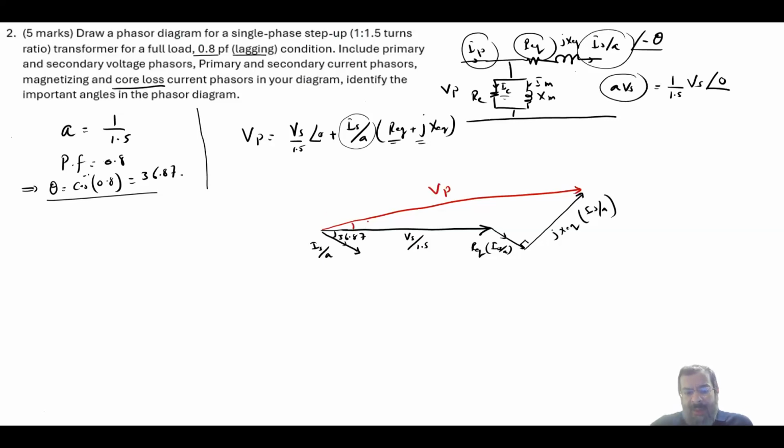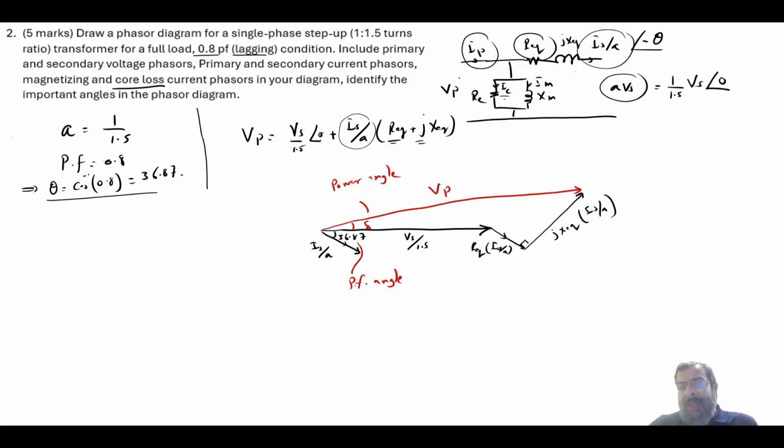And this angle is your angle delta. This is called the power angle or the torque angle. This is the power factor angle.